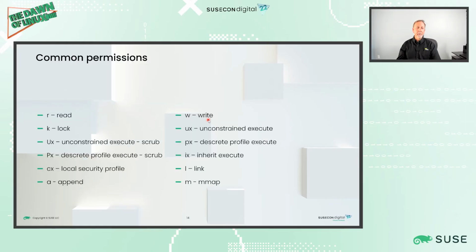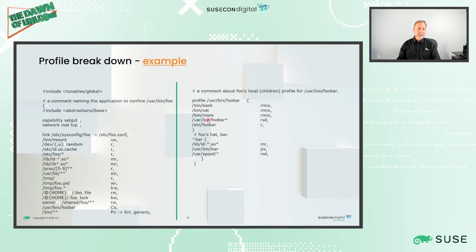And here's an example of some of the permissions. Easy, again: r for read, w for write, k for lock, a for append, l for link. A very, very simple permission structure that's easily read, as you can see here, from a path perspective or a file perspective, determining what it is you want to do.